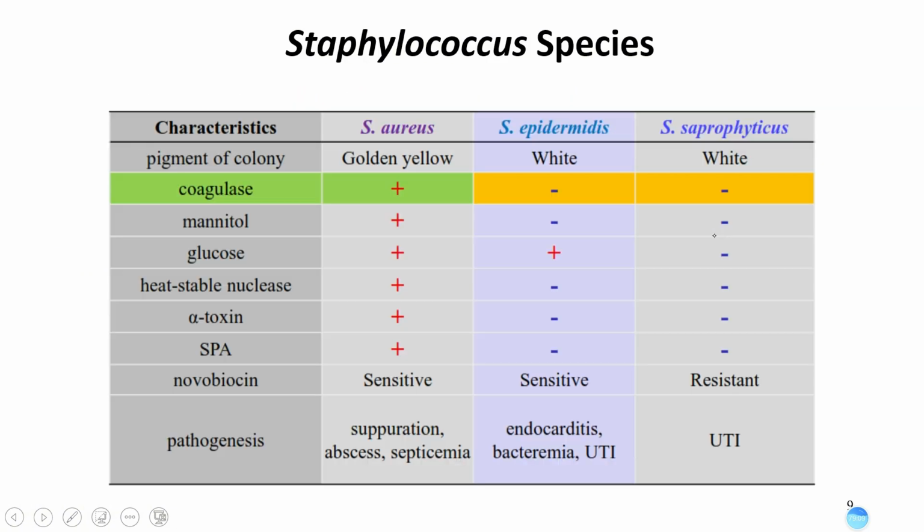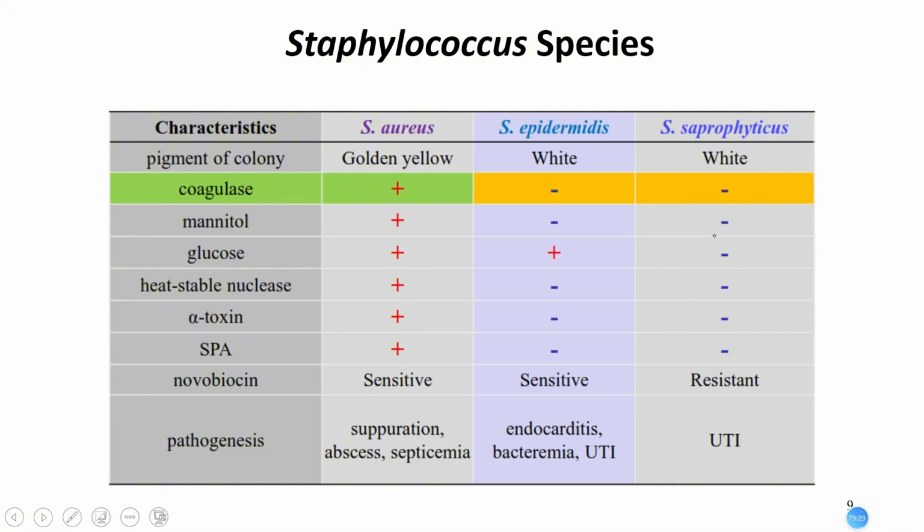Okay, these are the important Staphylococcus species, and we'll focus on the first one, the aureus species. This is what we call a professional pathogen, which can cause infectious disease in humans.